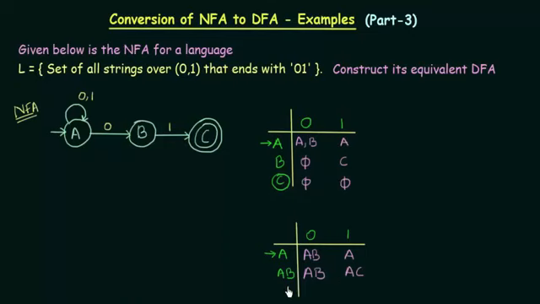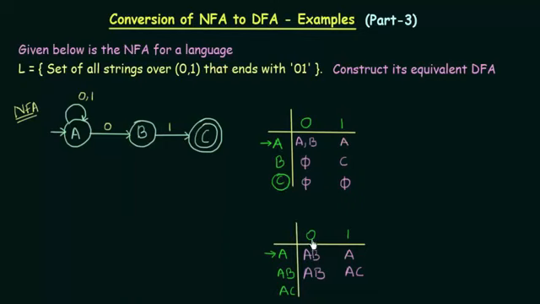What will be the third state in this table? Here we see that the states reachable are AB and AC. AB is already done, so the next one is AC. We make a new state AC and see what happens to it. For AC, we perform the union operation of A and C in this table.